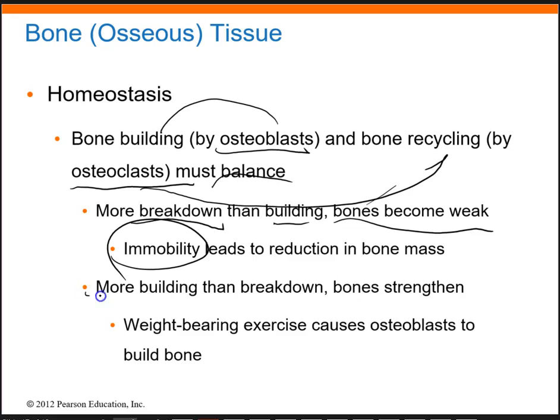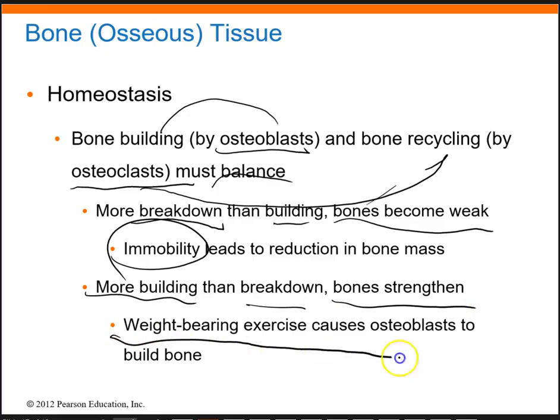If there's more building of bones than breakdown, so if we just keep building and we're not breaking them down, then the bones are actually going to strengthen. Weight-bearing exercise can strengthen and stimulate bone mass because it stimulates the osteoblasts to build bone.